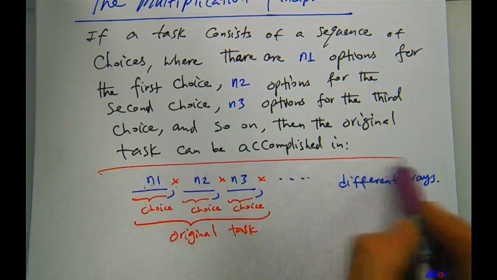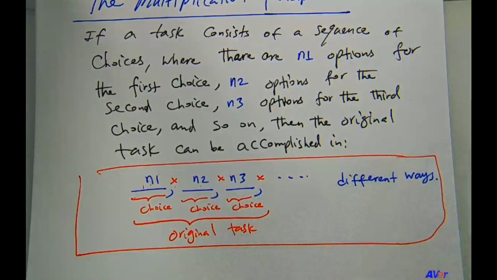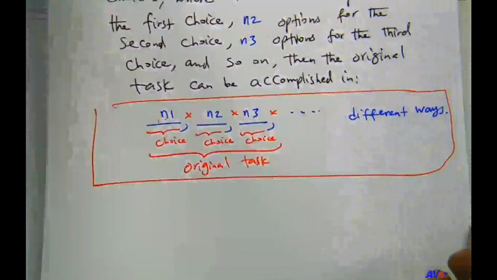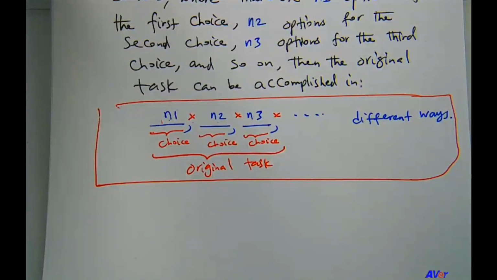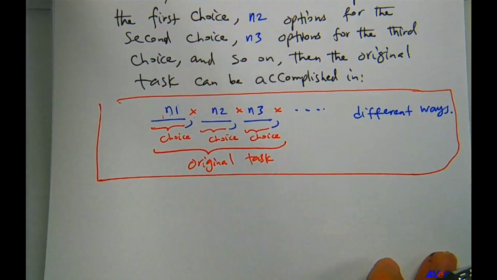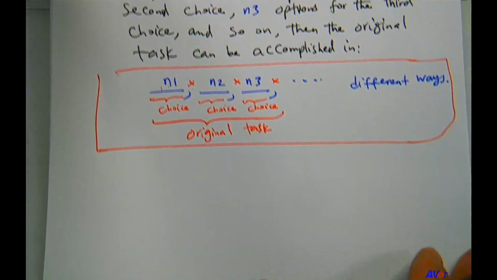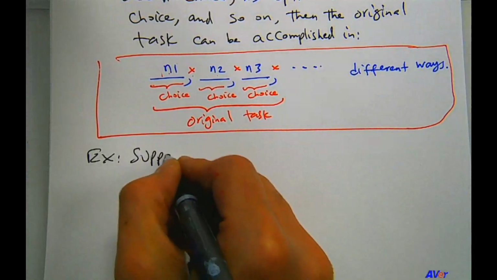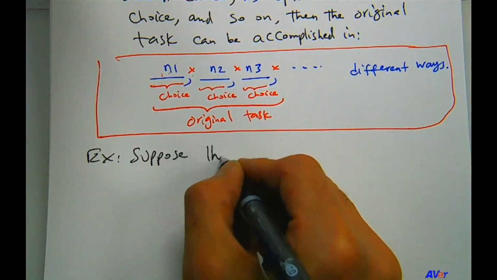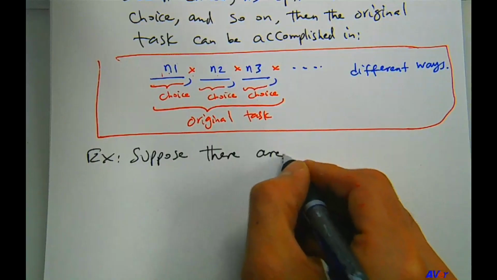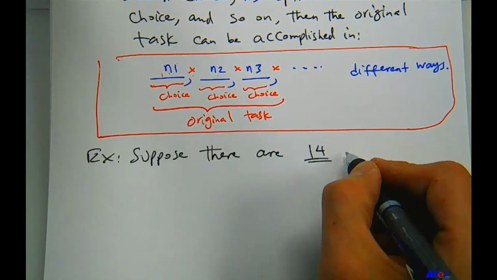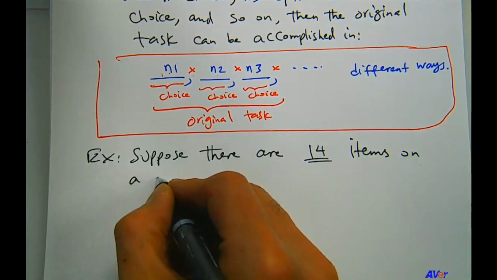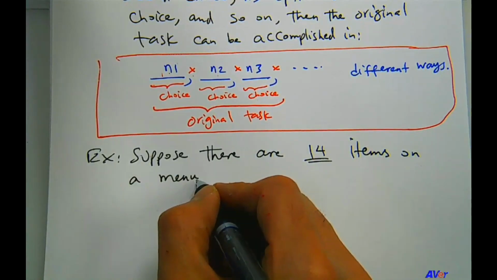Extremely useful way of counting or figuring out the probability of events. So let's see some examples of applying this principle. So suppose there are 14 items on a menu.